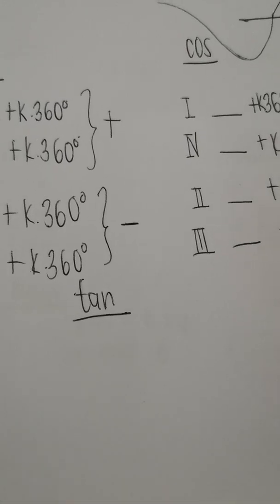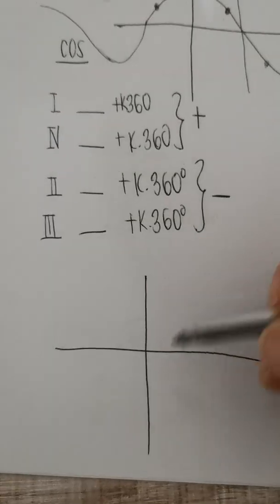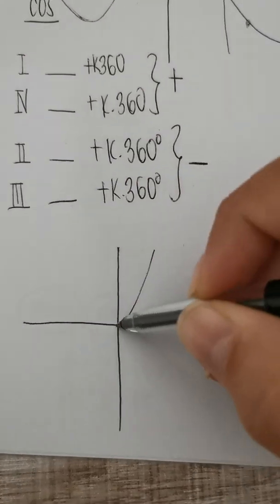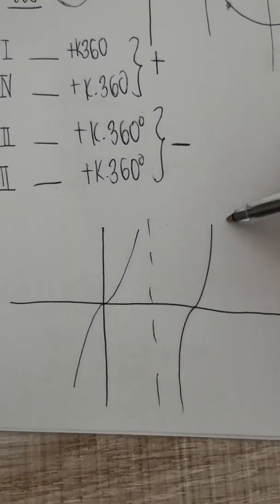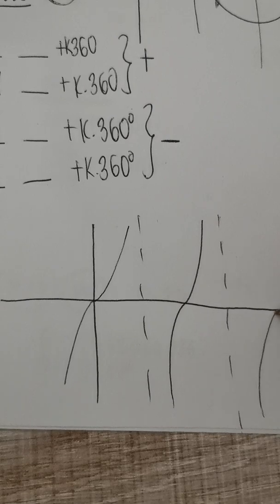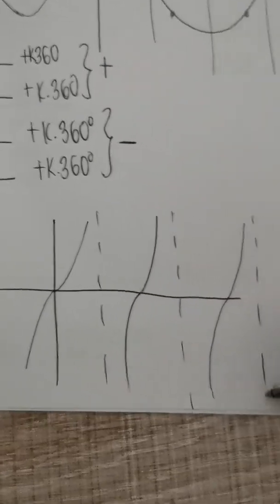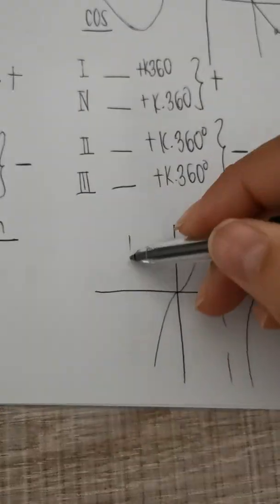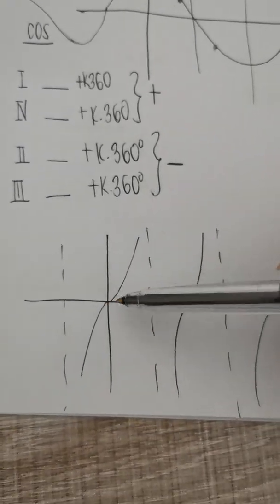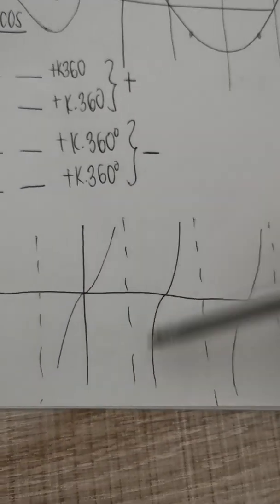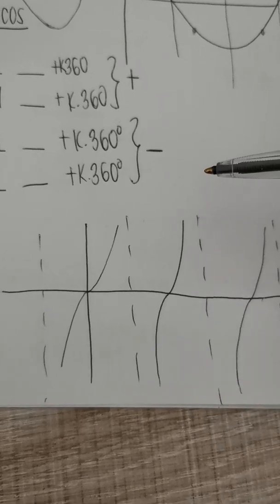Let's draw that quickly. With the tan graph, you would notice that it completes its cycle in 180 degrees.